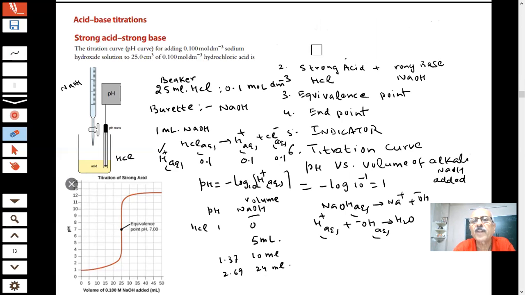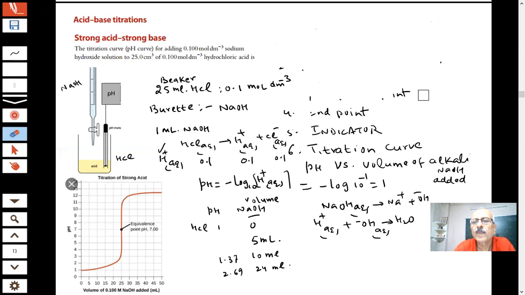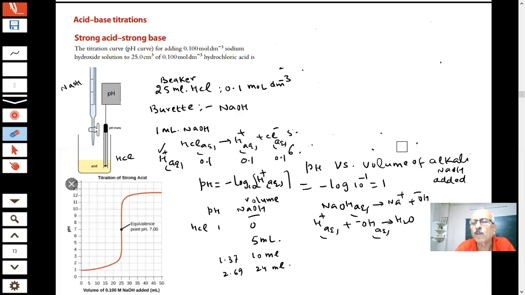I have taken 25 milliliter of HCl, which is 0.1 molar, 0.1 mole per decimeter cube. When will complete neutralization take place? When the moles of NaOH, that is OH minus, and the moles of H plus become equal. When the two become equal, there will be exact neutralization.